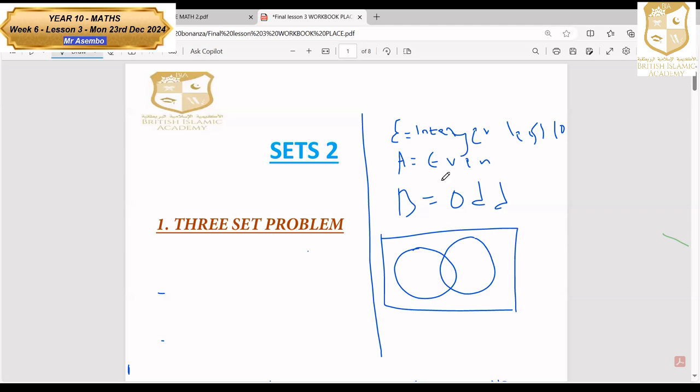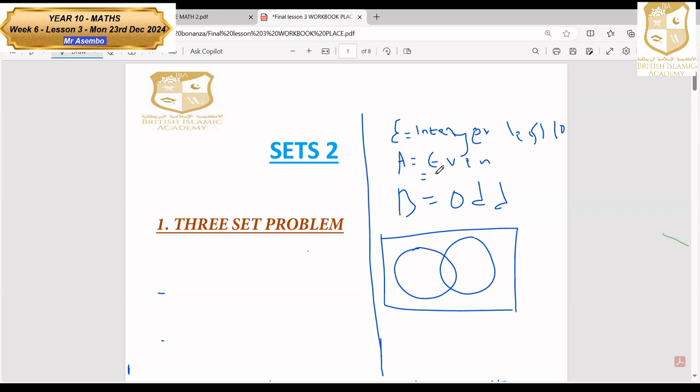Now, Johara, let's say we have this one is less than 10. What would be the members of set A? Amira? Set A is even numbers, so what would be the even numbers which are less than 10?